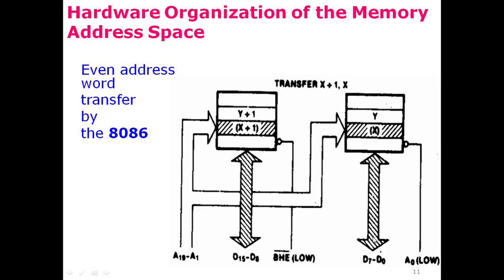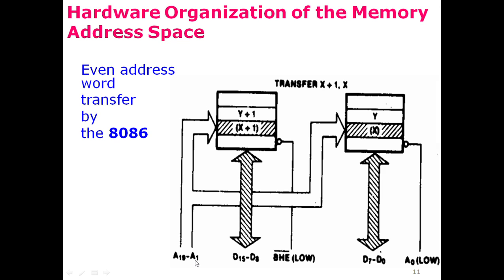Through these data pins, the low byte is transferred, and through the higher data bus lines, the higher byte is transferred to or from the other bank. And both of these banks are selected. A0 is low, so this would select the low bank, and bank high enable is also low, so this would select the higher bank. So in this example, the 8086 microprocessor is reading or writing 16 bits of data in one cycle.